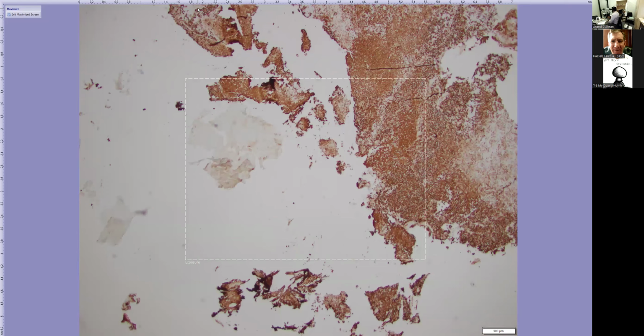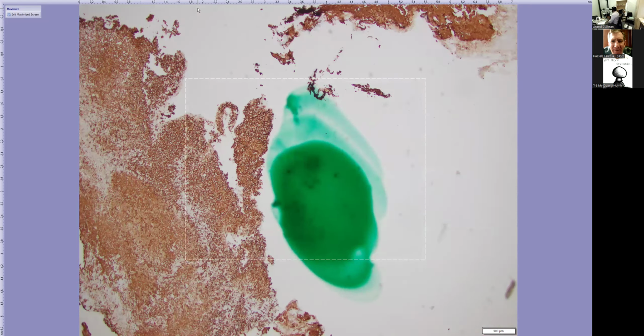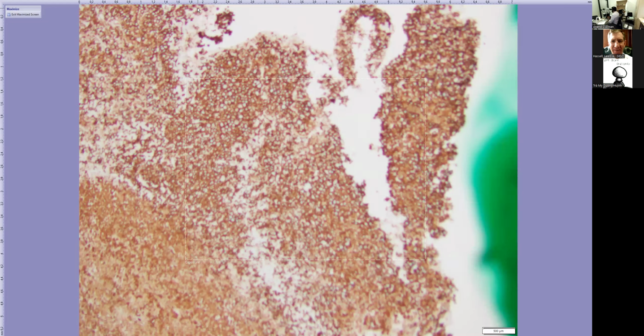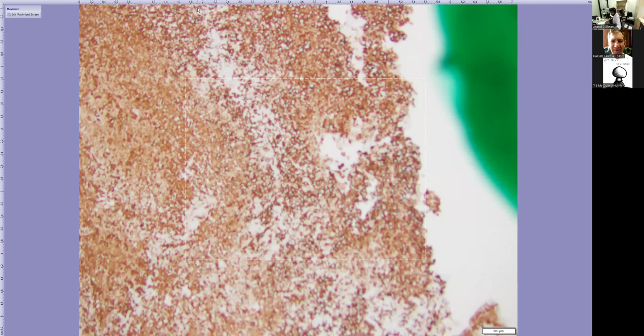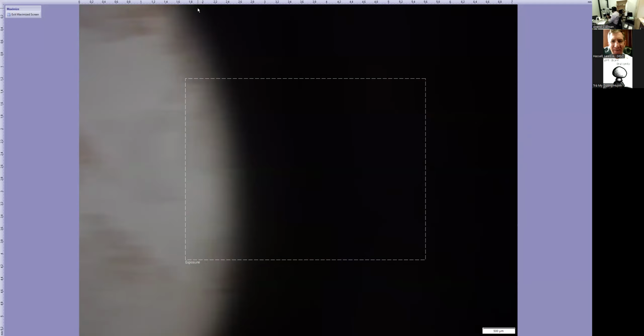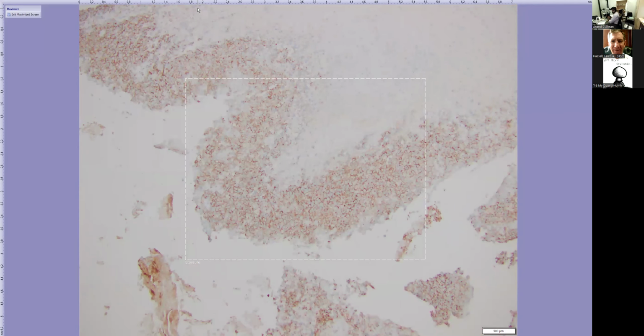So this is CD20. As you can see, all these large atypical cells are diffusely positive for CD20. It was negative for CD3. It was negative for CD5. It was positive for CD19, which is another B cell marker. So currently we have two B cell markers that are positive, CD19 and CD20.